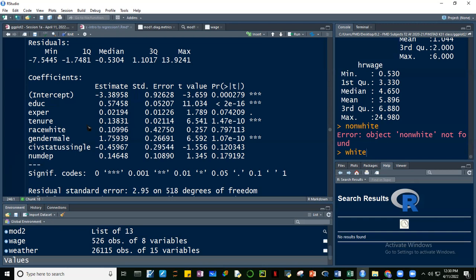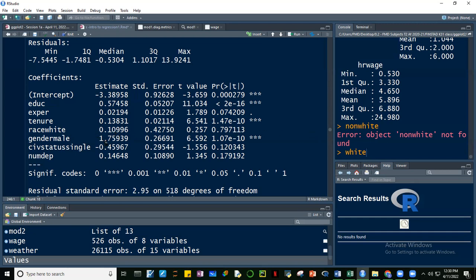Tapos yung missing isa, ibig sabihin yun yung benchmark. And then when we interpret that, guys, yung factor na yun, i-interpret natin siya in such a way that you are always referring this in relation to the benchmark. So for the last time, guys, what's the meaning of 0.10996? It means that on the average, white employees receive around 11 centavos more than their non-white employees.